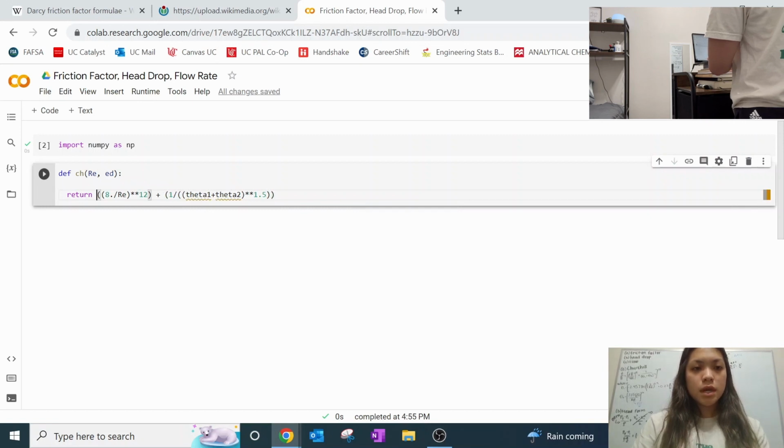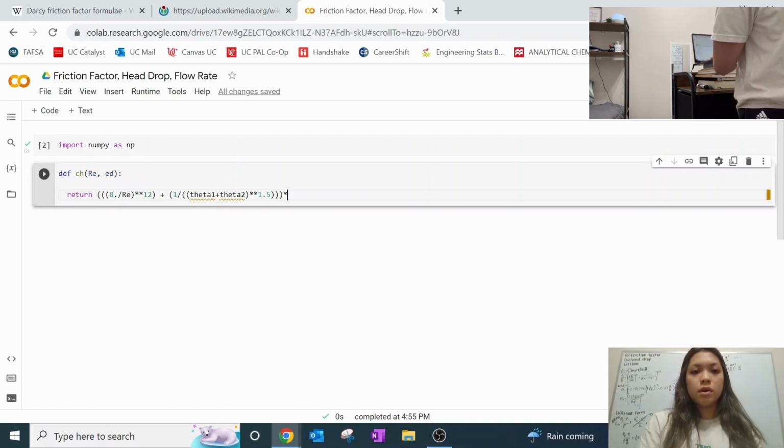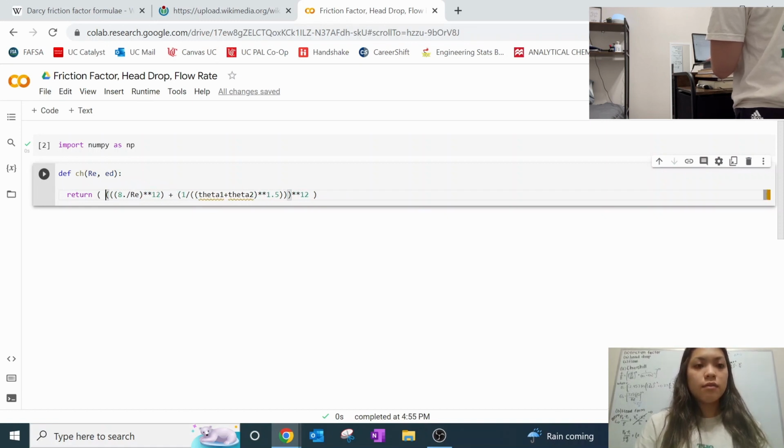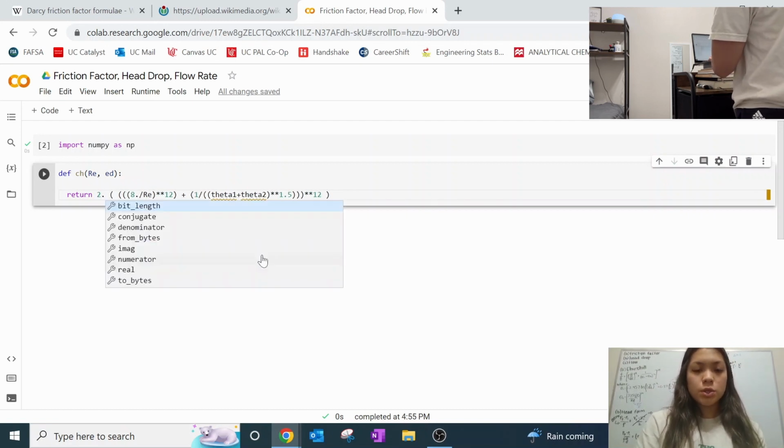And then this entire quantity is to the 12th power. And then we are going to multiply this entire quantity. Instead of by 8, we'll be doing it by 2, because this is for Fanning's friction factor and not Darcy's.